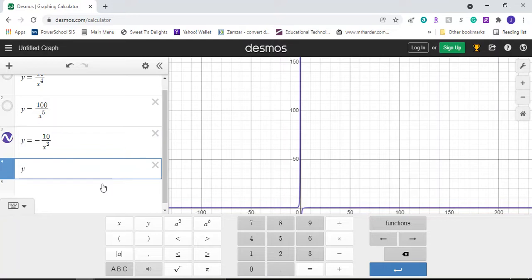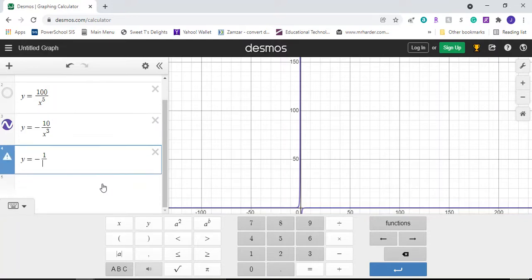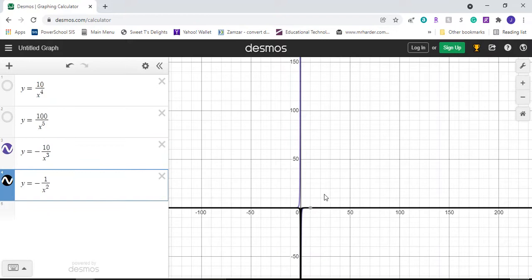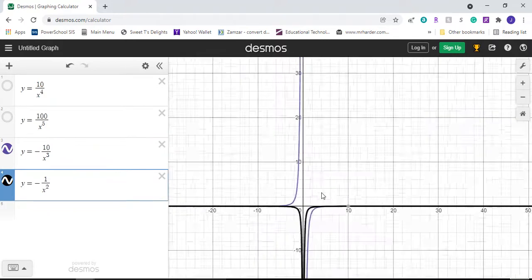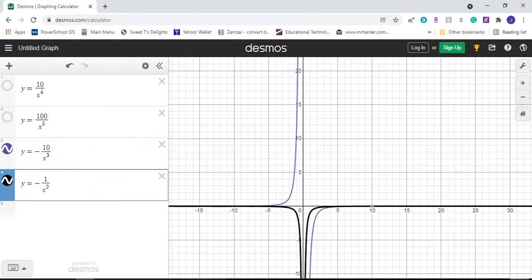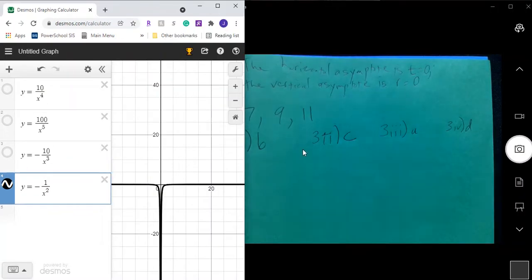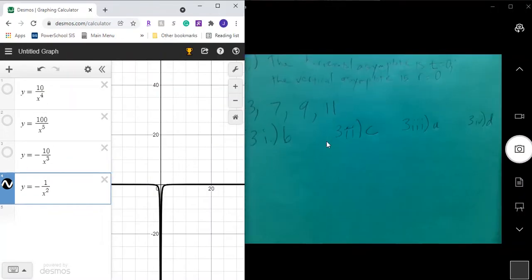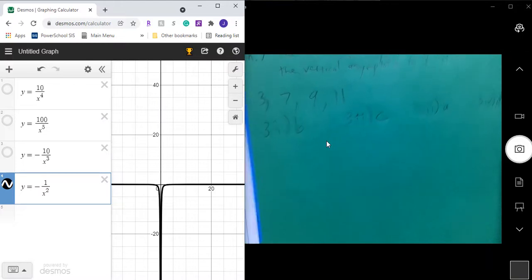It'll be y is equal to negative 1 divided by x squared. And I will turn this off. And as you all can see here, oh, wait a minute, this one is on. As you all can see here, that would be D. So those are our solutions for problem number 3.